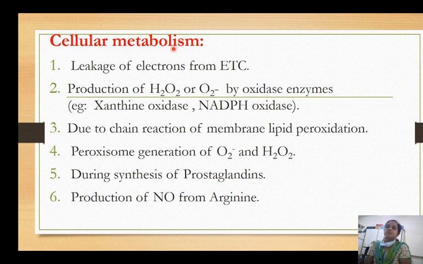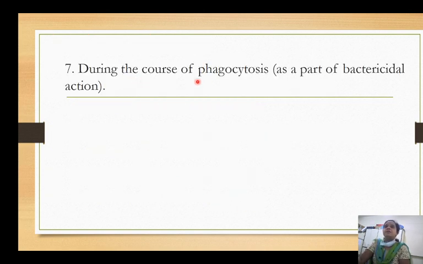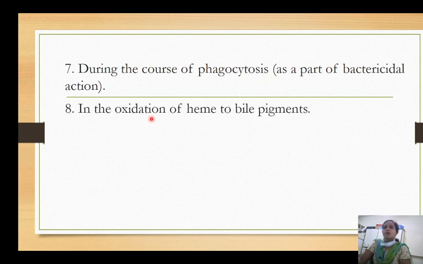Due to the chain reactions of membrane lipid peroxidation, and peroxisome generation of oxides and hydrogen peroxide, these two substances are synthesized by peroxisomes. During the synthesis of prostaglandins, production of nitric oxide from arginine, by the macrophages as a part of phagocytosis in leukocytes. In oxidation of heme to form bile pigments as a result of auto-oxidation.